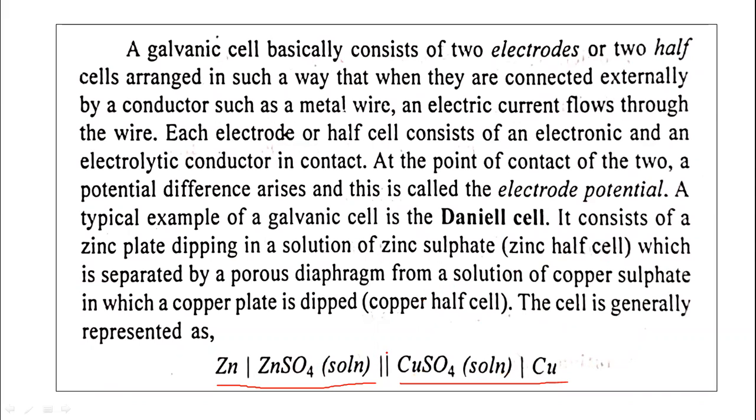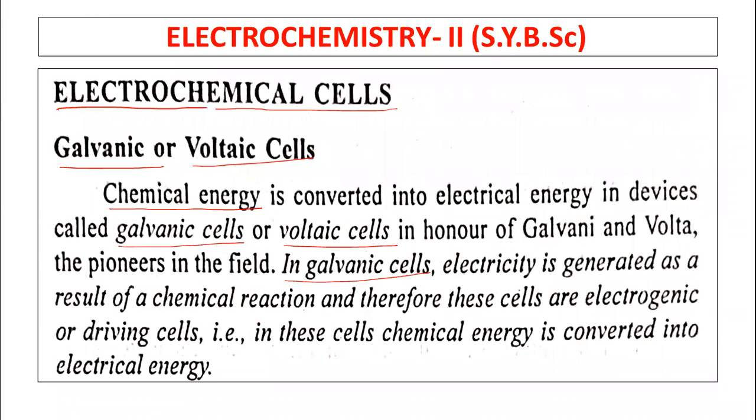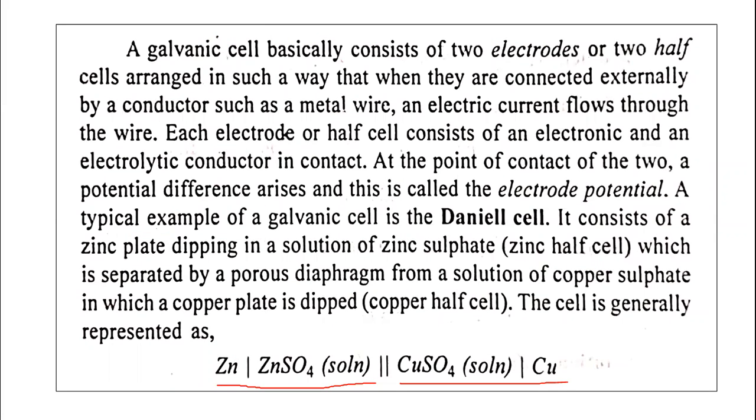This double vertical line stands for a salt bridge, and this single vertical line stands for a contact between the electrode and its solution. So in an electrochemical cell, chemical energy is converted into electrical energy.